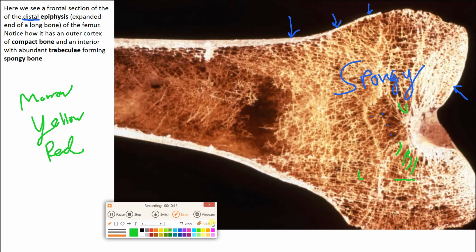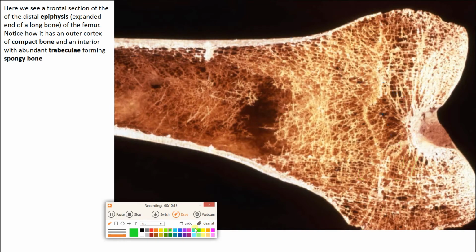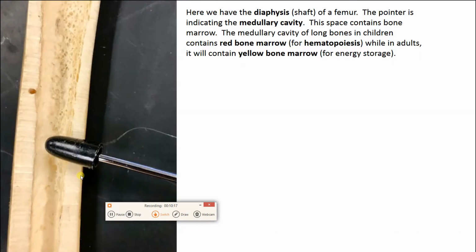Okay, fantastic. Here we've gone in and taken a close-up look at the diaphysis, the shaft of the femur. The pointer here is in that medullary cavity. I do see compact bone on the outside here, and I see some bits of spongy bone in here.